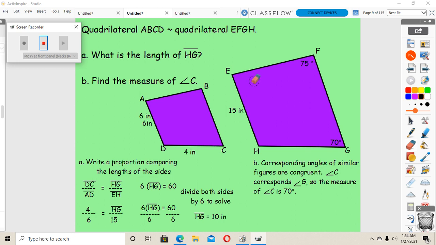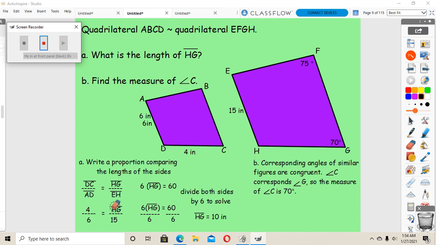These are basically HG, and here we have EH. These two sides are proportional to each other, meaning AD is proportional to EH and DC is proportional to HG.